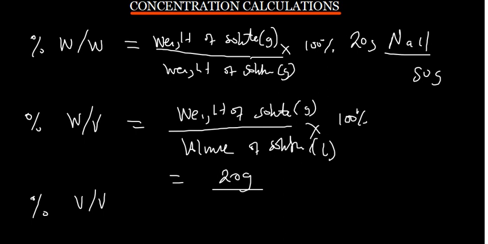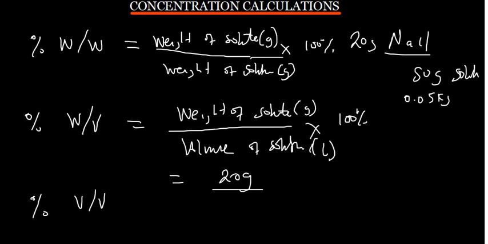Now first thing, since this is 50 grams of solution, convert the 50 grams to kg. How do you do that? Just divide by 1000, isn't it? That is going to be 0.05 kg.